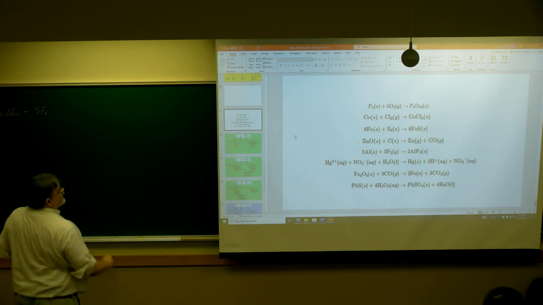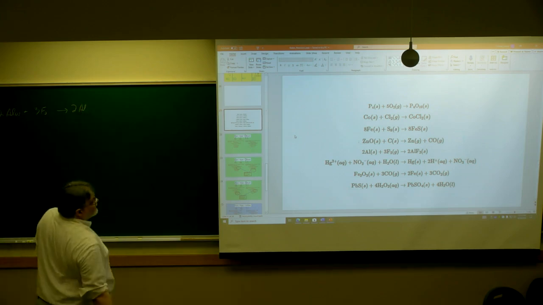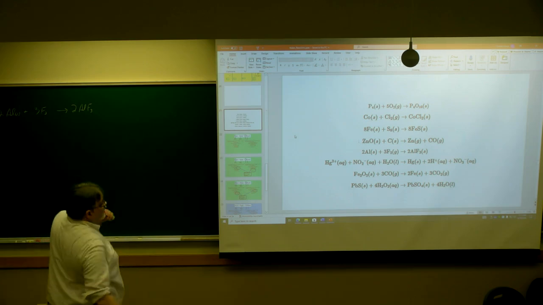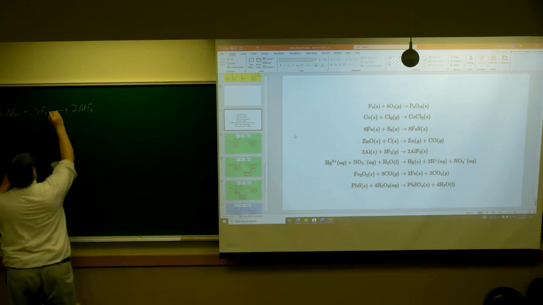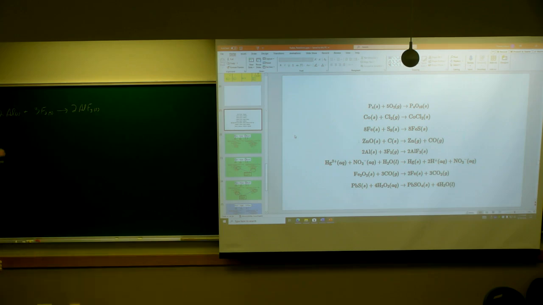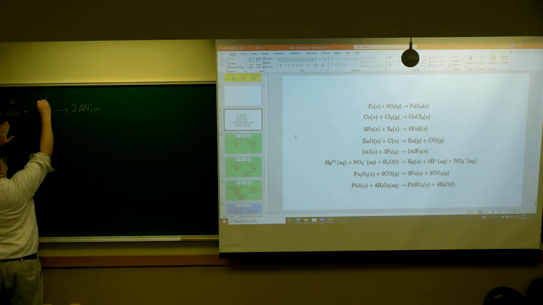We have two. I don't think the states matter here. Gas. Solid, okay. What's the oxidation number for this one? It's elemental, 0. This one's elemental as well, so it's 0.